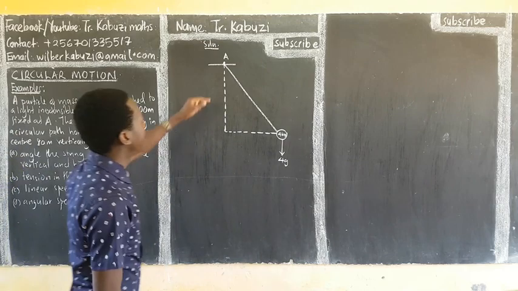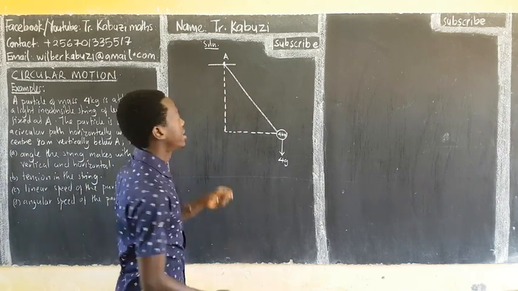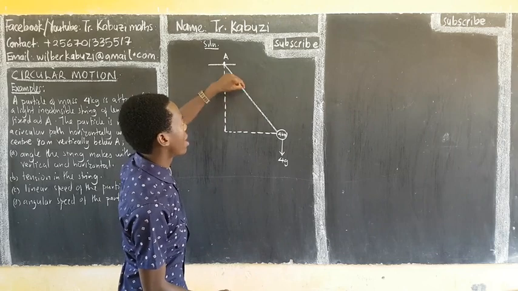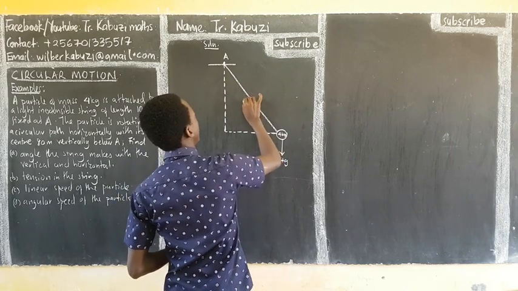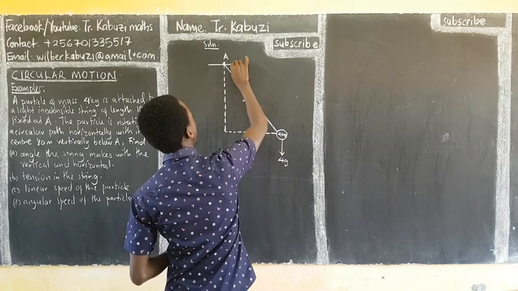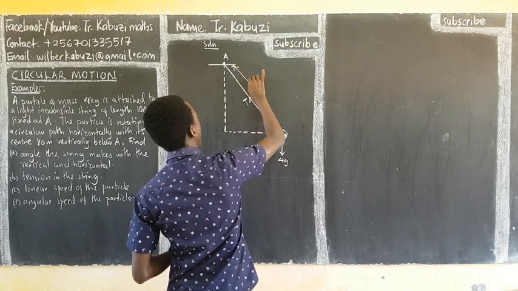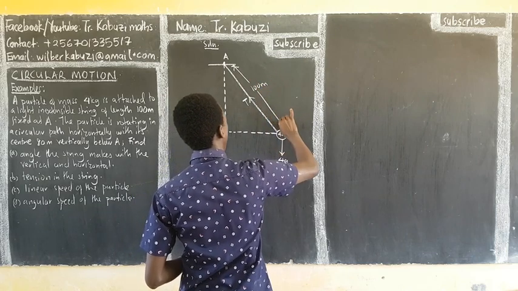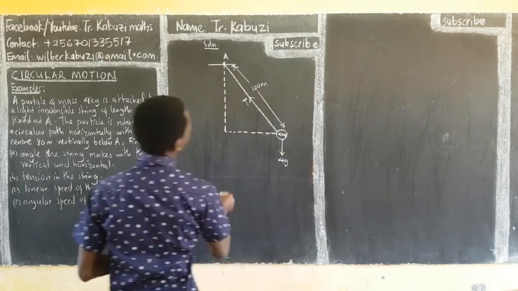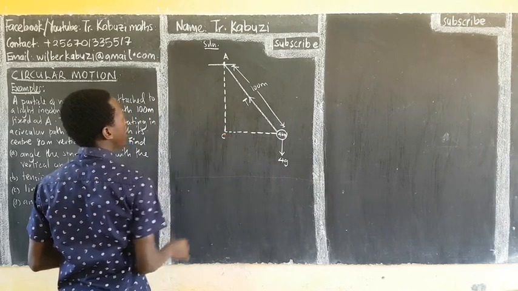Now, this string is going to have tension in it that is pulling the particle towards this. So this is our tension in the string T. They're telling us that the string is of length 100 meters. From there up here we have 100 meters. So this is our center, let me call it C.